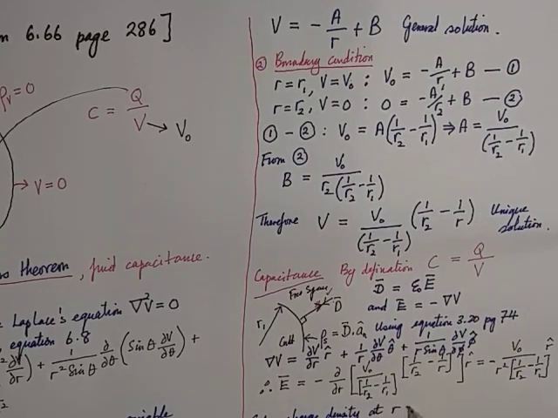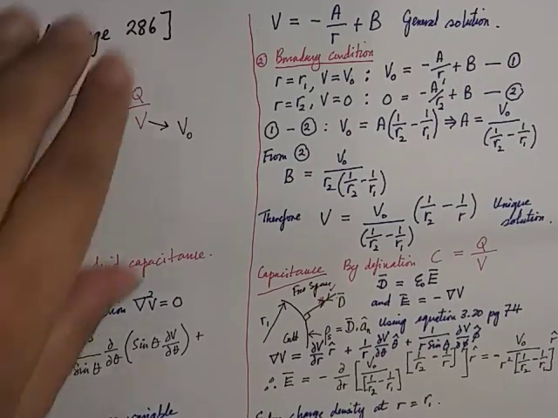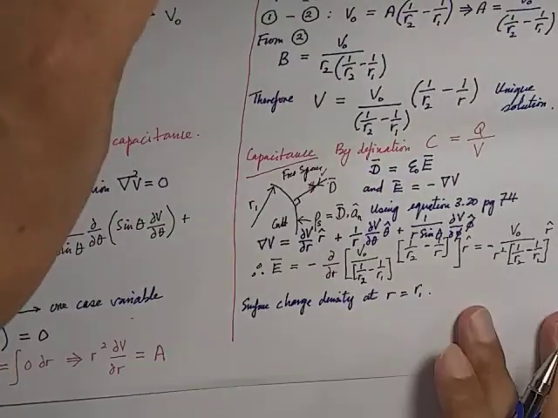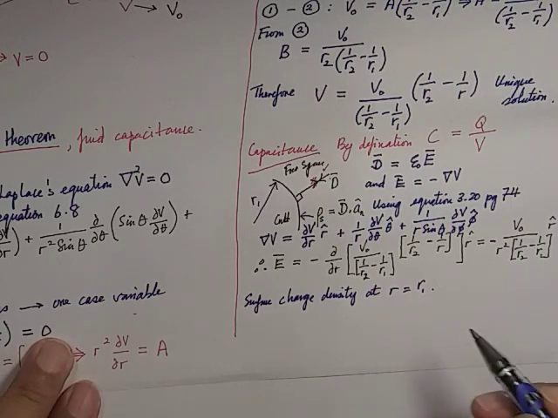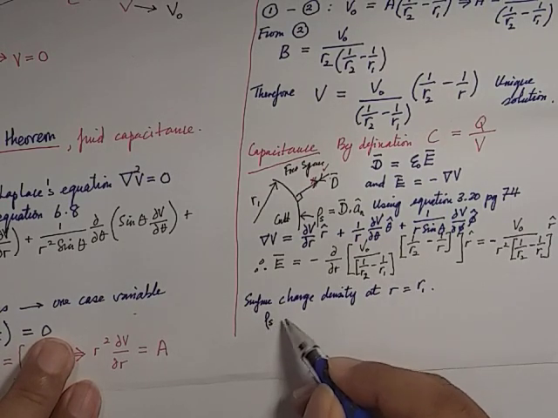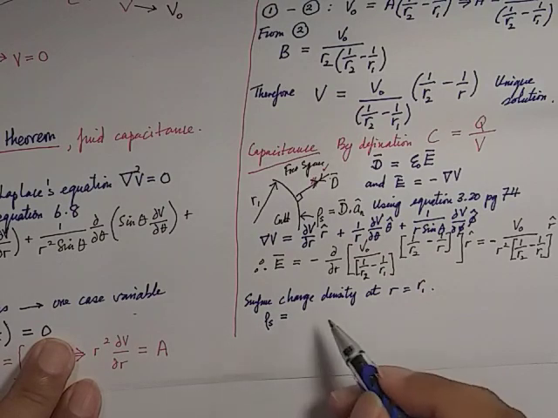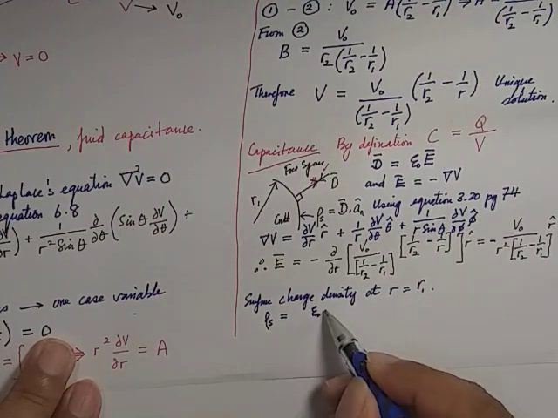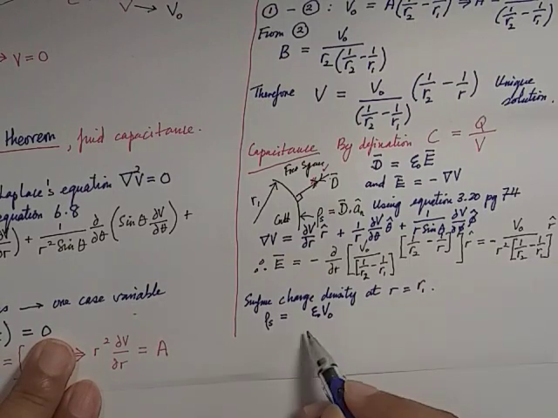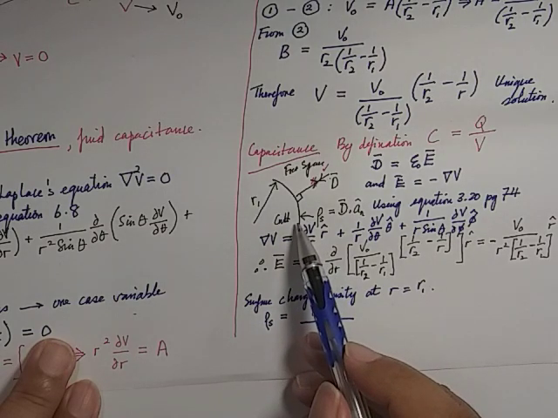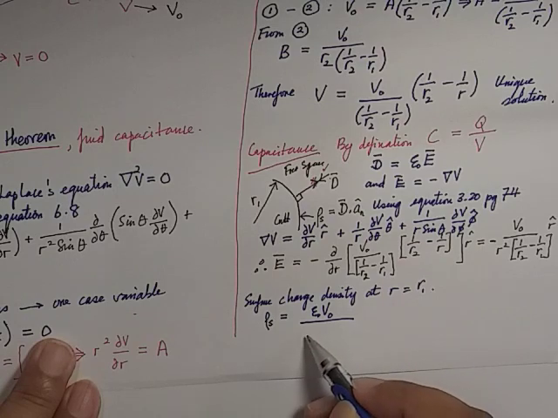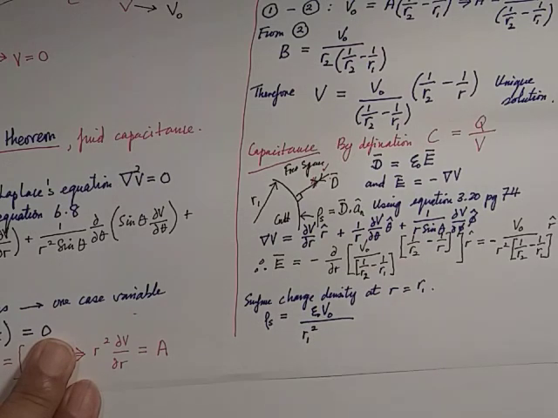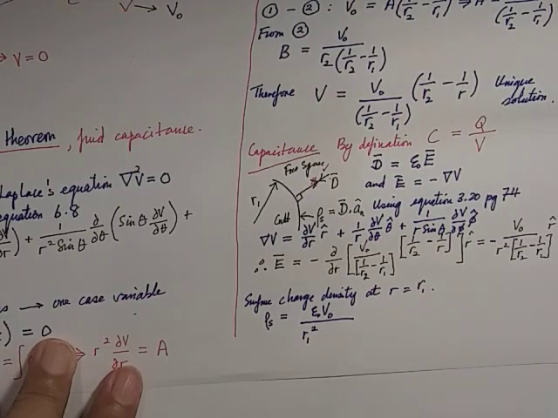At R equal to R1, that's our objective now. So we have to use the mentioned equation, rho S equal to D. The D should be epsilon naught V naught over... Since we want to find the charge at this particular surface, I have to substitute R squared to become R1 squared, because that should be our surface of concern.